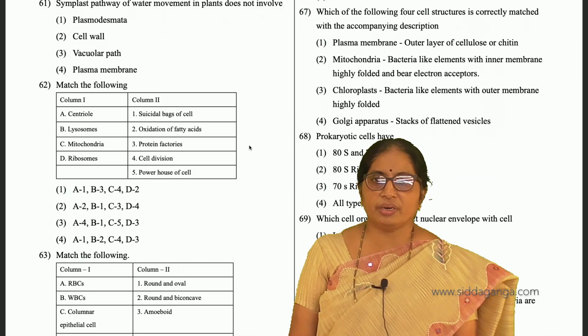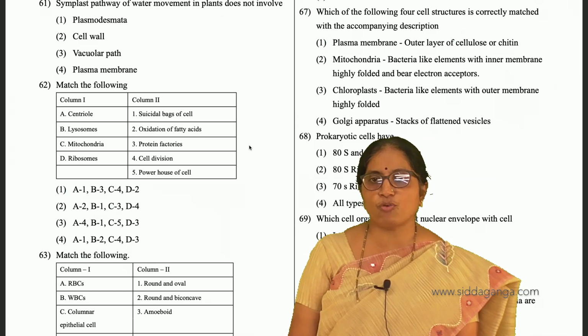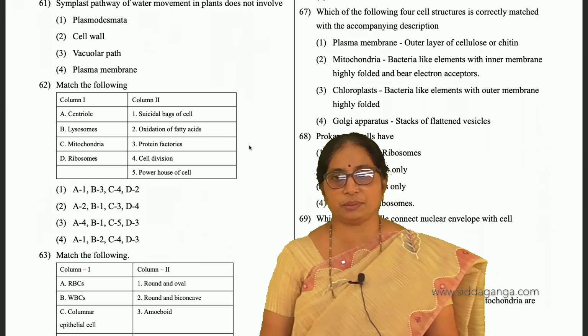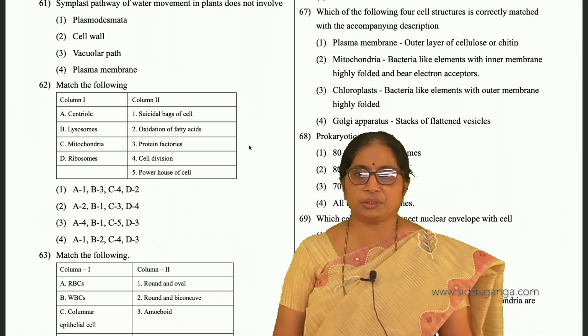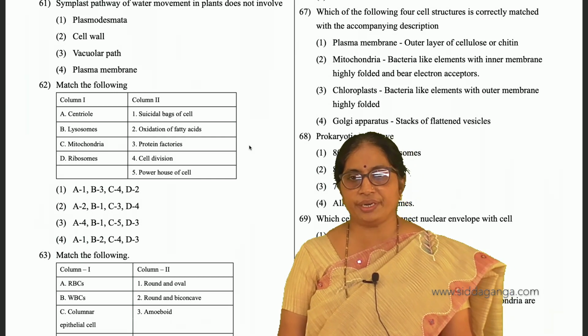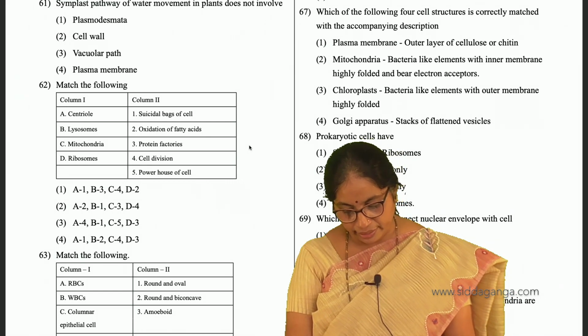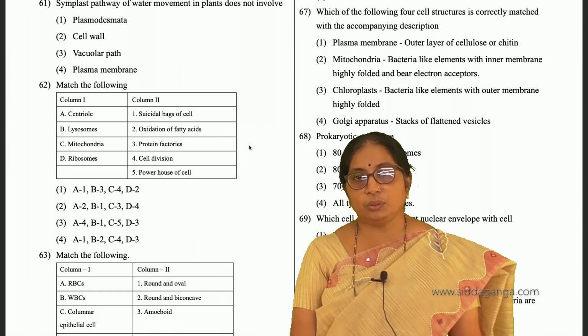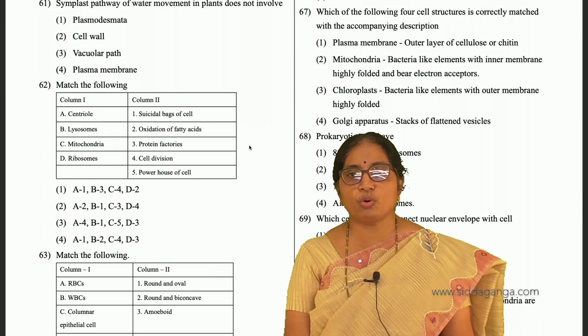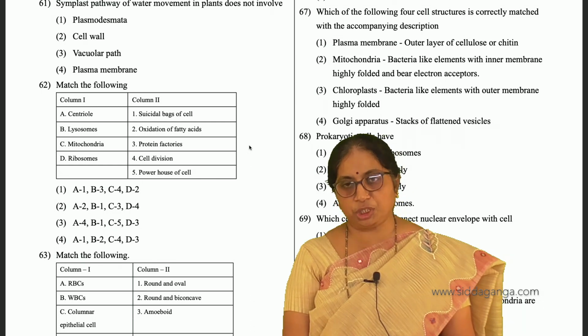Mitochondria, bacteria-like elements with inner membrane, highly folded and bare electron acceptors. Chloroplasts, bacteria-like elements with outer membrane, highly folded. Then Golgi apparatus, stacks of flattened vesicles. So which of the 4 cell structures is correctly matched and which is the mismatch?